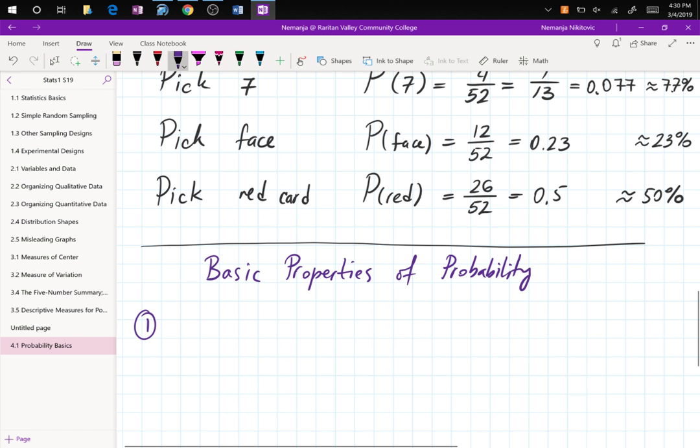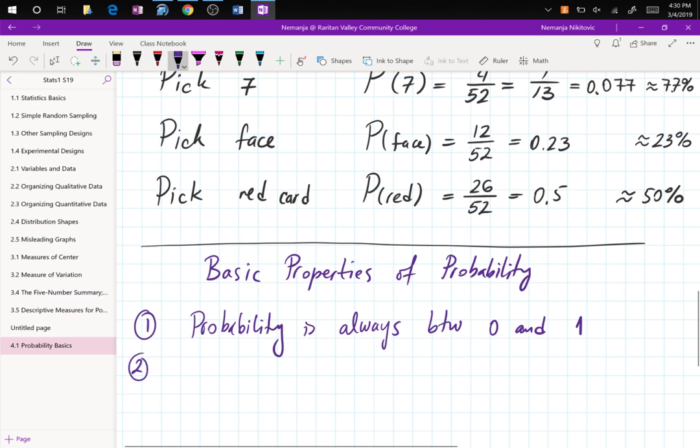Number 1, probability is always between 0 and 1. Because 1 is 100% and 0 is no chance.